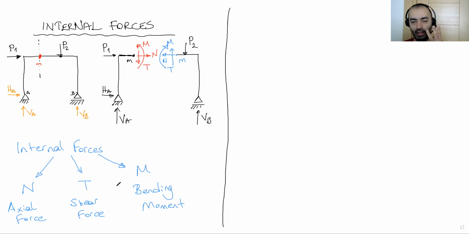We have 3 unknowns, N, T, M, and we have 3 equilibrium equations. Okay, let me write here. For this point, what we write: total X is 0 for the forces, total Y is 0, and total M is 0.